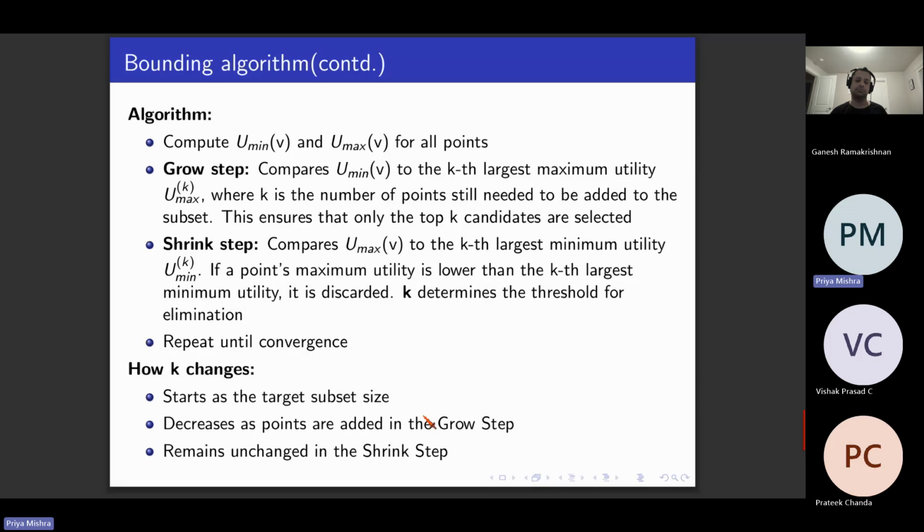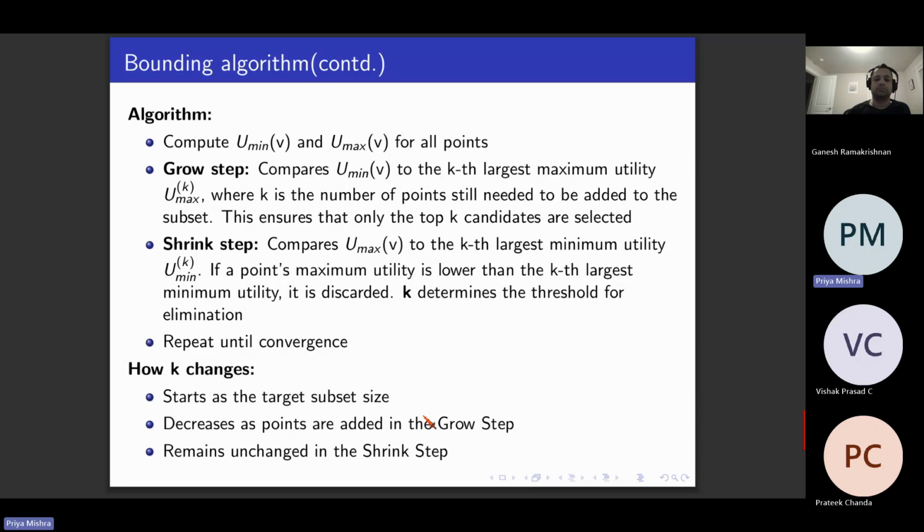The next step is the reduce step. We compare Umax, the maximum utility of a point, with the kth largest minimum utility. If the utility is less than the kth largest utility, then we discard the point from the original data set. Like this, we get a set of points.